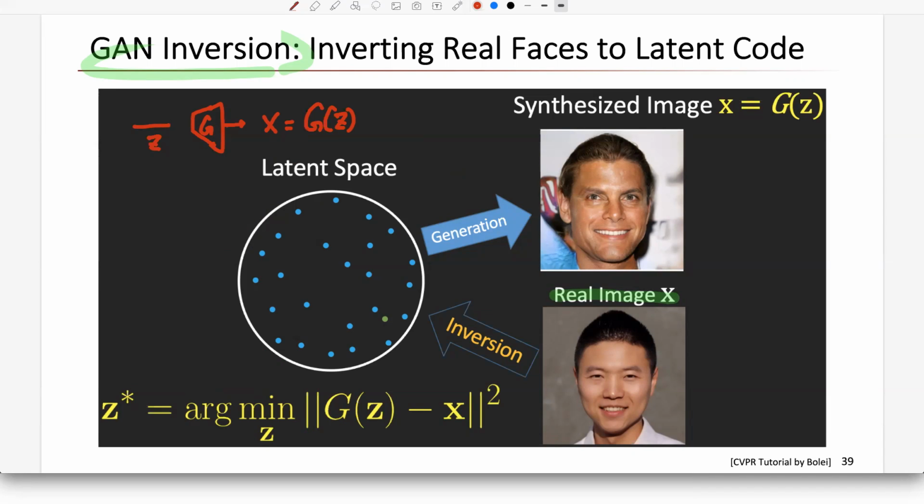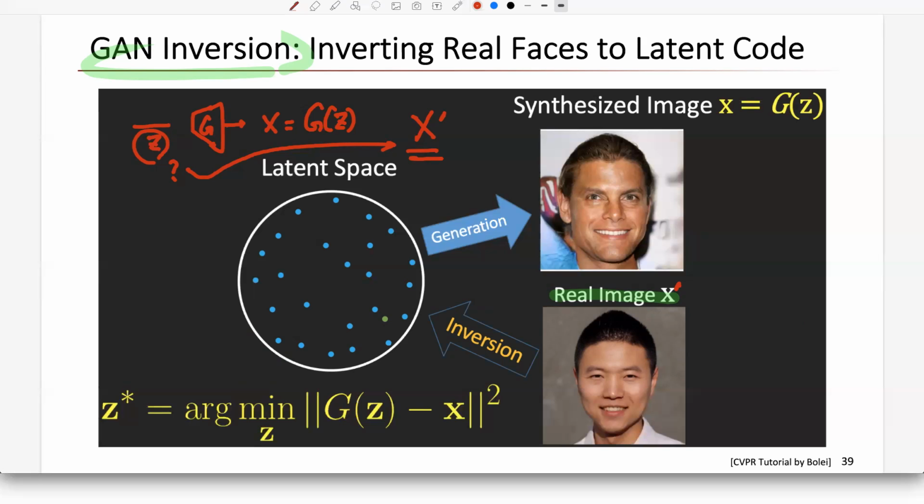The question is, here is a real image. Which Z can make the real image x prime? Again, which Z generates the given real image x prime? This is the question of the GAN inversion.